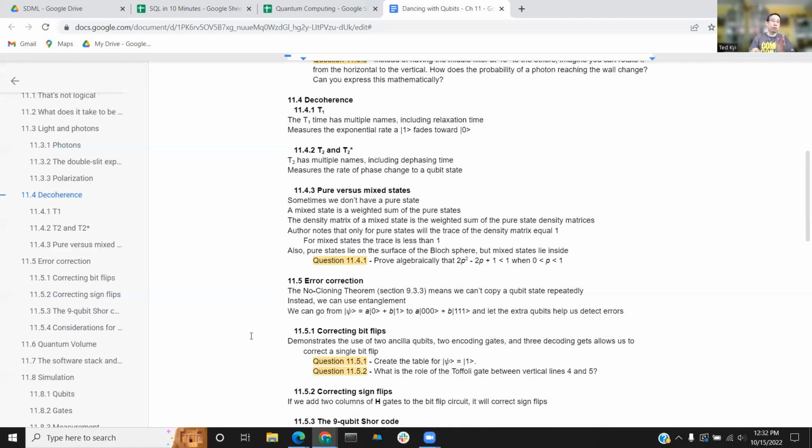But so if you imagine that you just simply have a normal ket that we do something to, we multiply it by some unitary matrix that represents a gate.